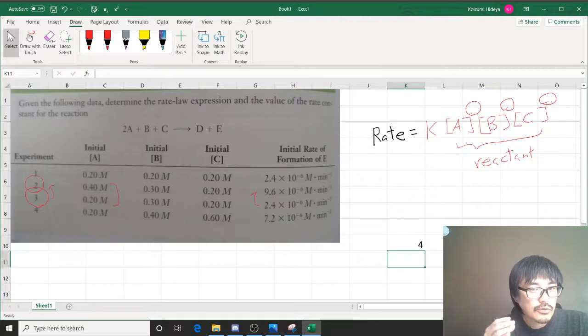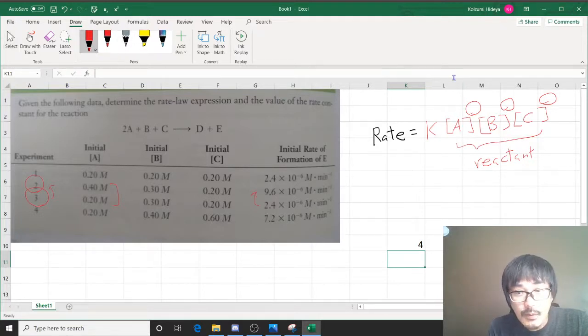The concentration increased by a factor of 2, but the rate increased by a factor of 4. That means that this one has a power of 2 right here.